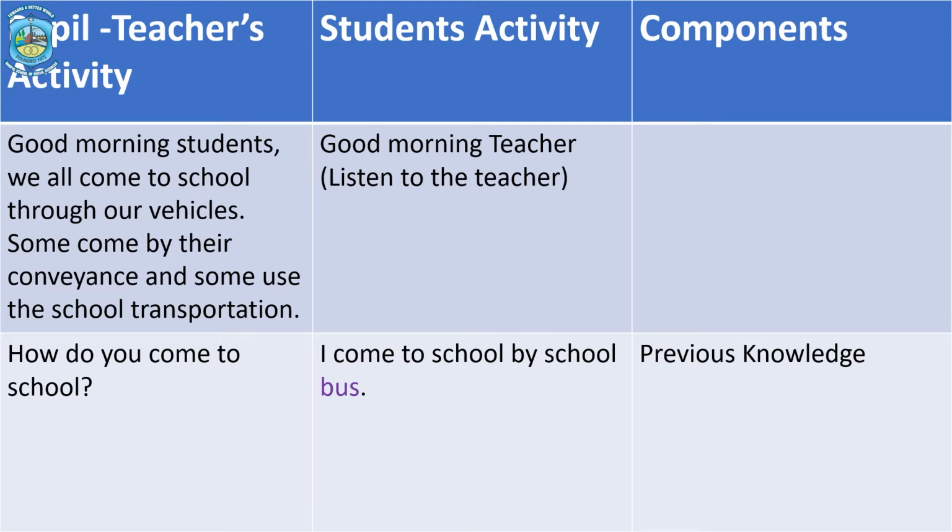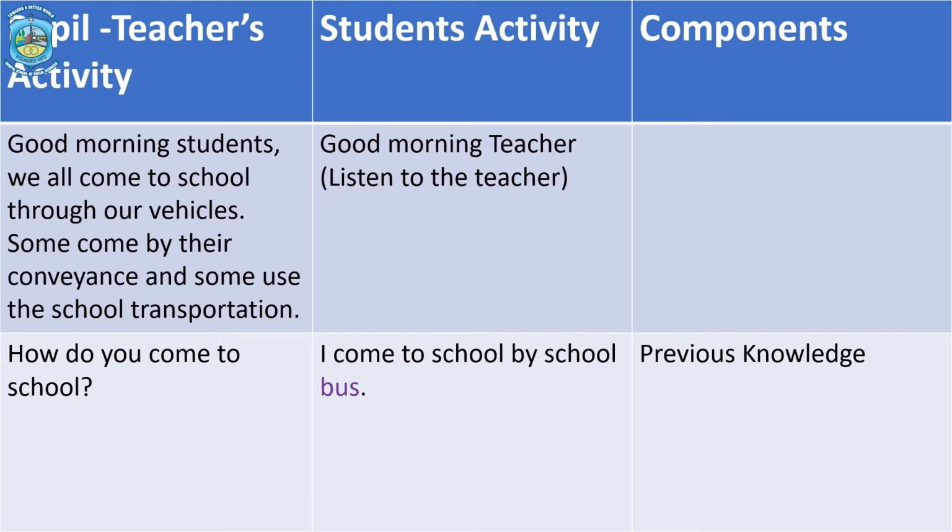The first column is for pupil teacher's activity. The next column is for students' activity. And the third is for the components. The components which you have discussed just now.